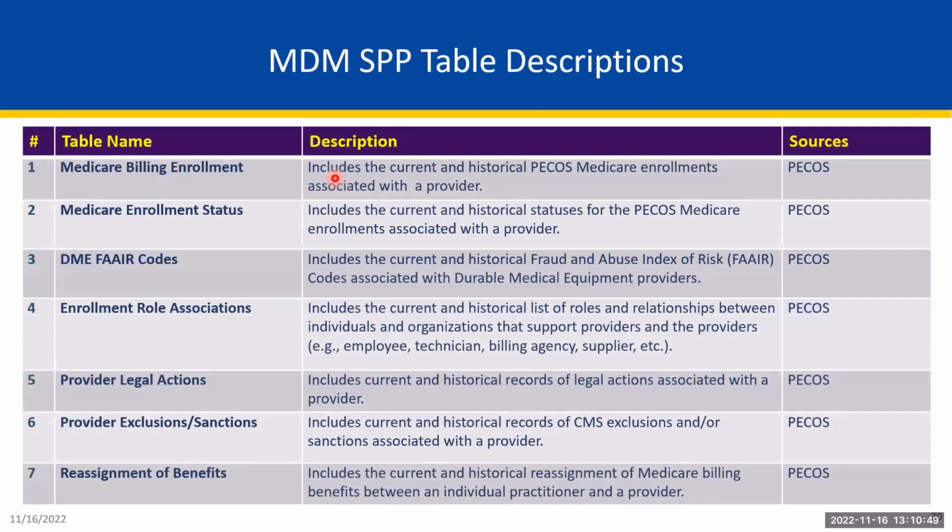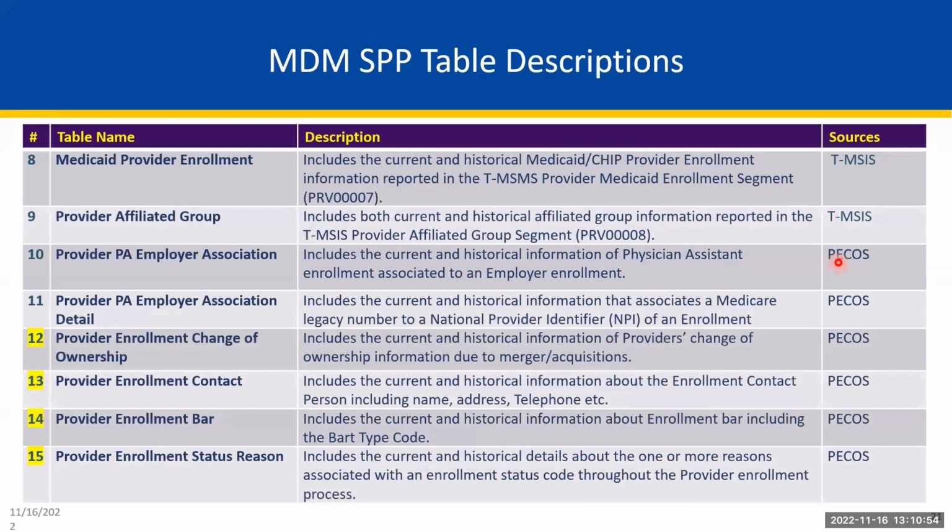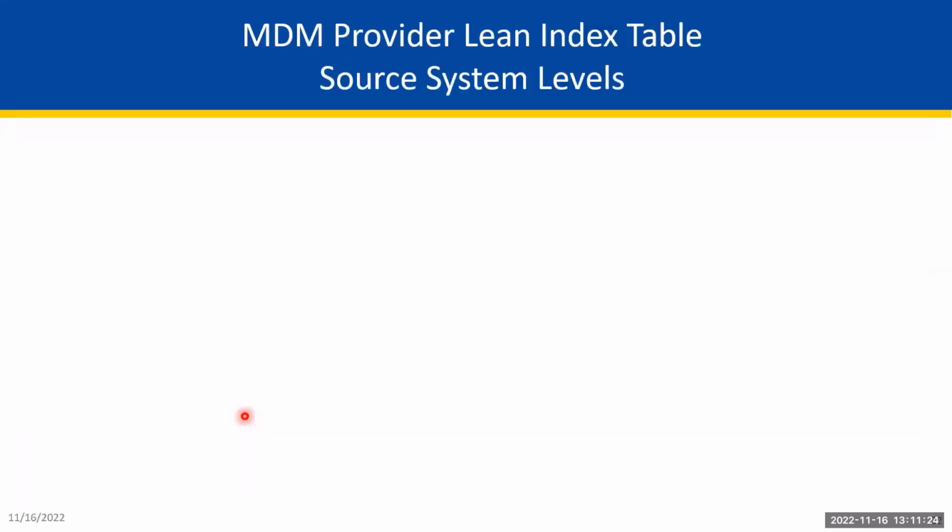And these are the descriptions and the sources that the data contains in these tables. The tables highlighted in yellow are the new tables, which we'll talk about more in the upcoming slides. These are the new additions to our MDM data products: the provider enrollment chain of ownership, provider enrollment contact, provider enrollment bar, and provider enrollment status reason. We have come up with a few use cases, and in the subsequent slides, we'll show you how to query these tables and the use cases that we have built.